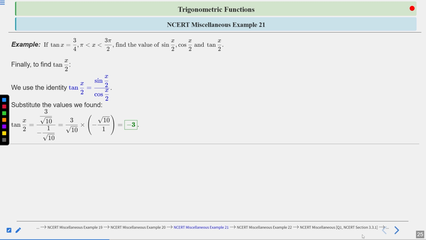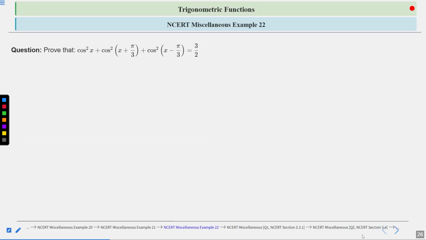Let us move to the next example, which is NCERT miscellaneous example 22, in which you have to prove that cos square (x plus pi by 3) plus cos square (x minus pi by 3) is equal to 3 by 2, okay? Again, you have some time to solve or think about this question.